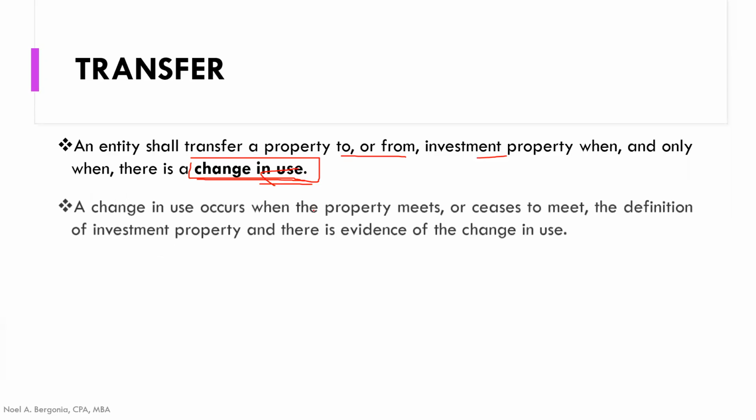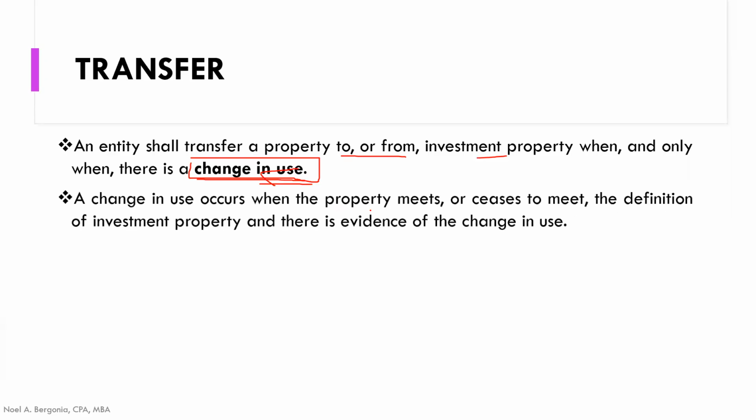Now, a change of use occurs when a property meets or ceases to meet the definition of investment property. Earlier, our definition was land and building that is held for rentals or capital appreciation. So maybe it no longer meets that, or it meets the definition of inventory or property, plant, and equipment, then we can transfer it to or from.